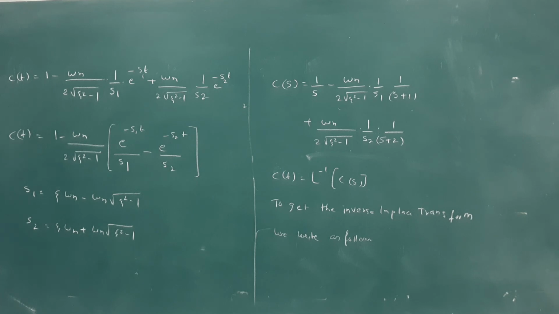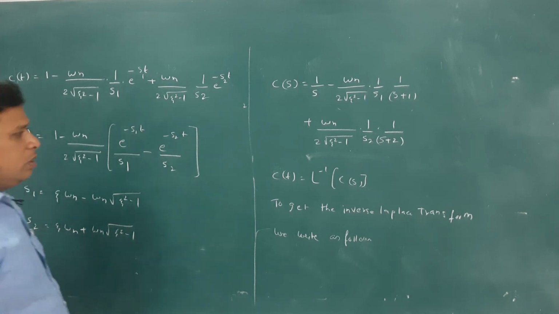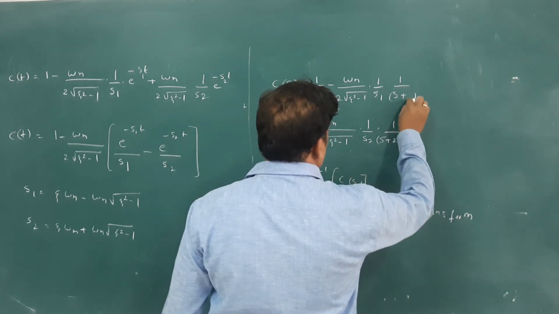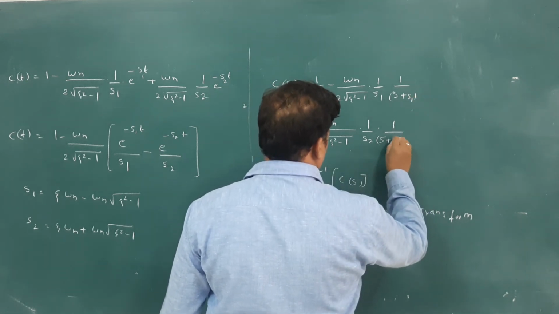How is the overdamped system? Does it oscillate or not? It does not oscillate. From these equations, we can say that it is not oscillating. We have seen the C of t value after applying the inverse Laplace transform. From this equation it was s plus s1 and here it is s plus s2.